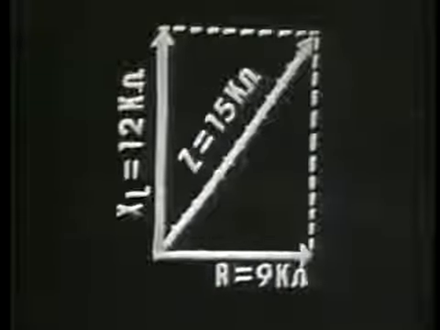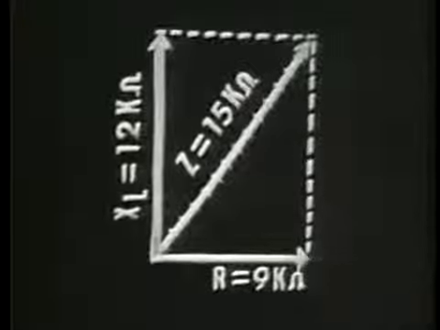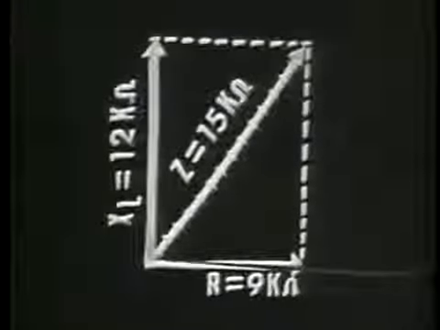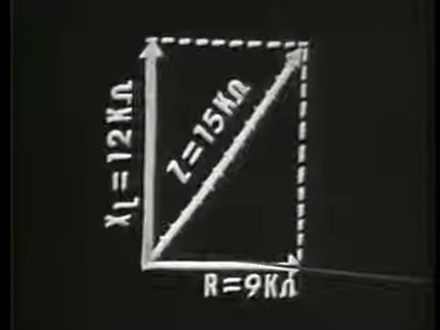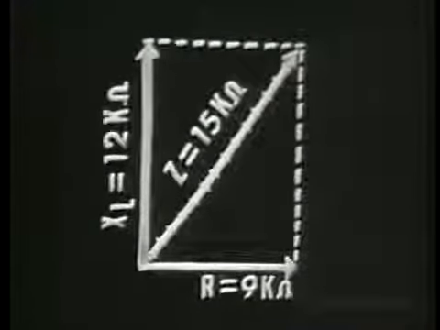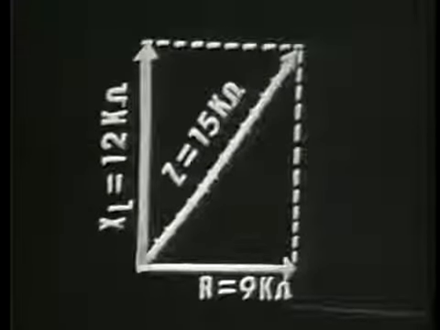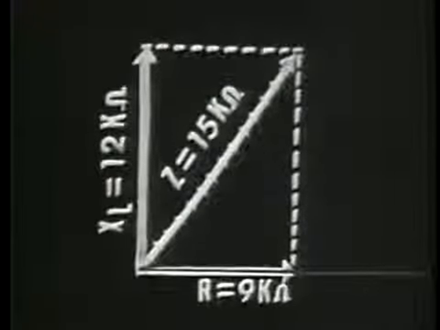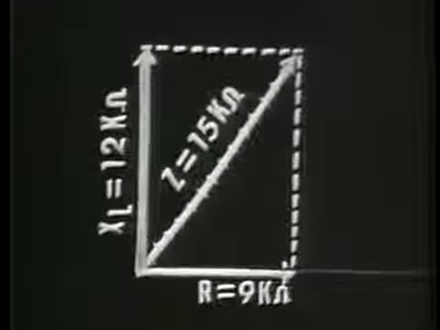We can find the hypotenuse of this right triangle if we know the values of the other two sides. And of course we do, because this side would be equal to 9 k ohms, and this side would be equal to the inductive reactance, 12 k ohms.